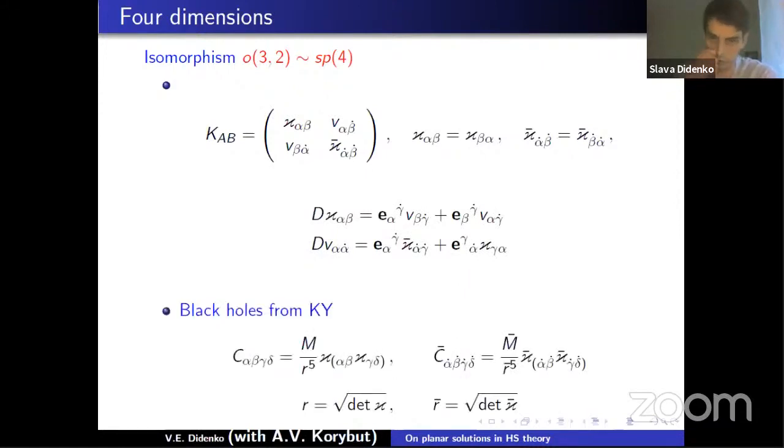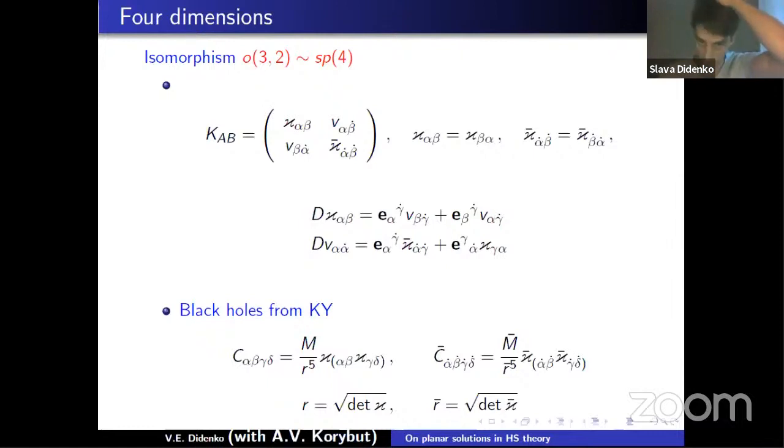Again, it was shown many years ago that if you take this global symmetry parameter, then you can construct some tensors that have the form of the Weyl tensor of gravity in the following way, and they will exactly correspond to 4-dimensional black holes of any kind.